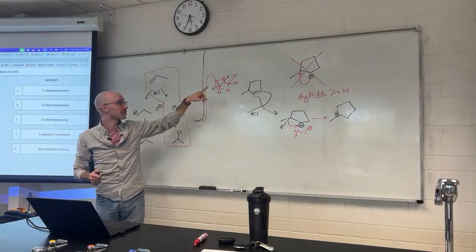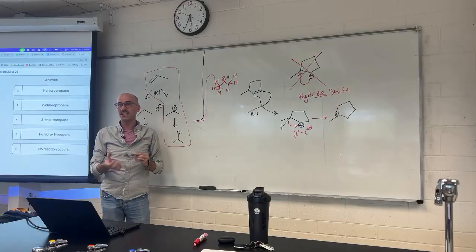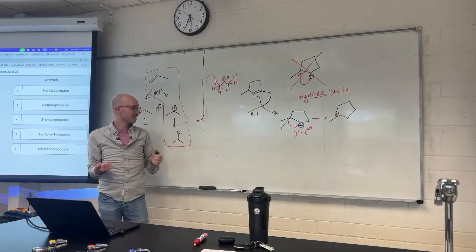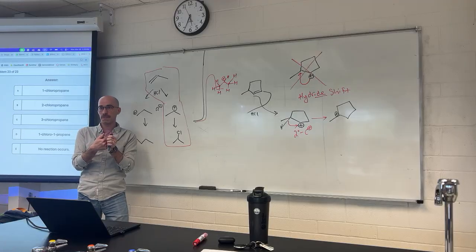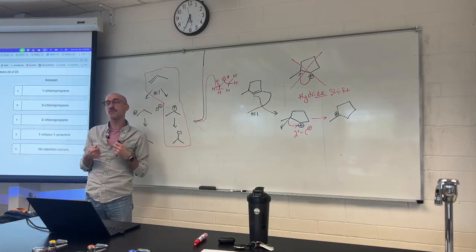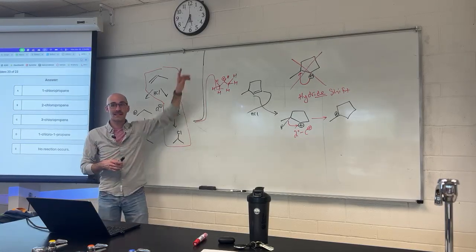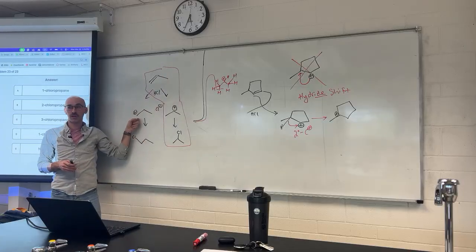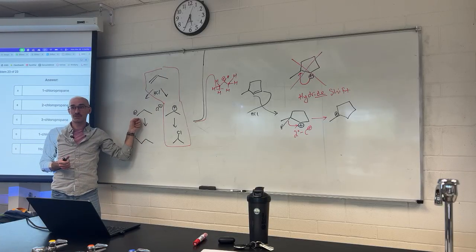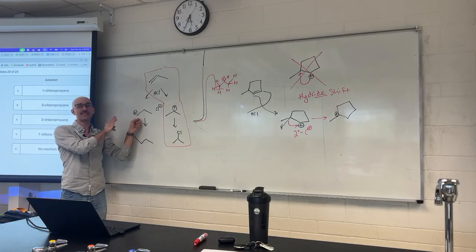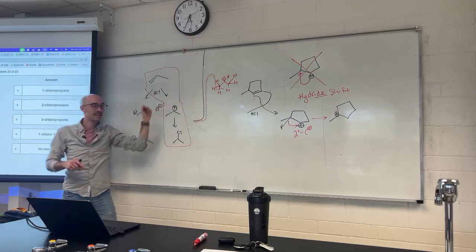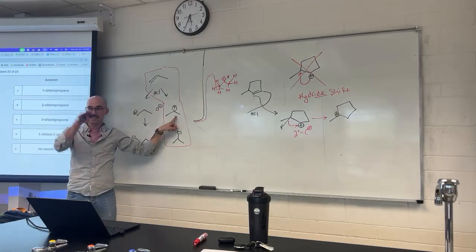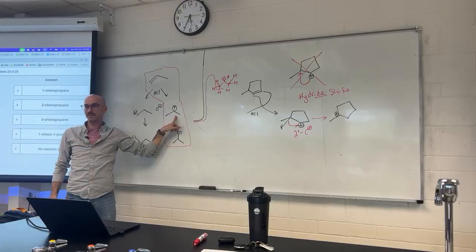But that positive charge still makes it reactive and sucks in the chloride ion like a magnet. It's just what magnet is more feasible to make. That primary carbocation, it's just not feasible. The energy that it takes for it to even exist is astronomical. It can happen, but if there's something that is easier to make, that will happen.